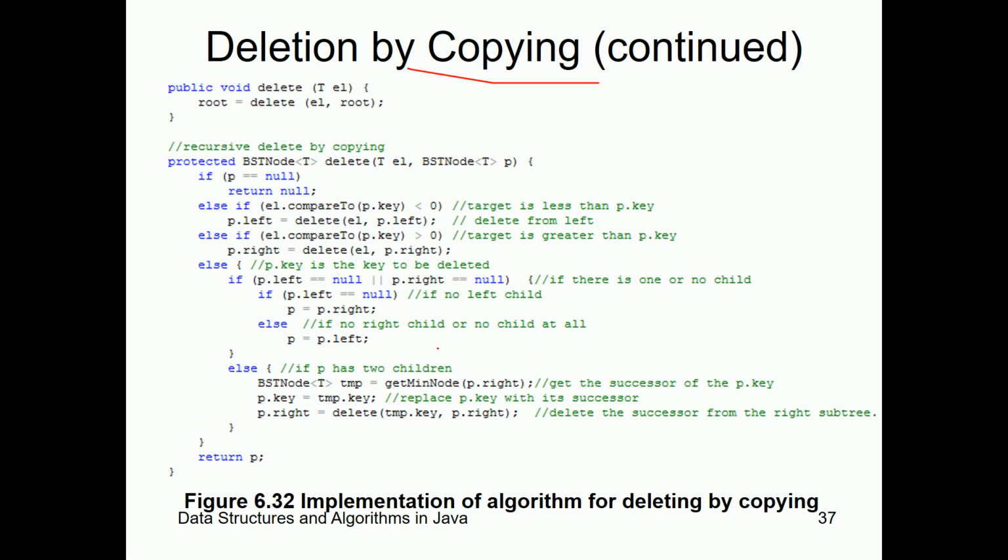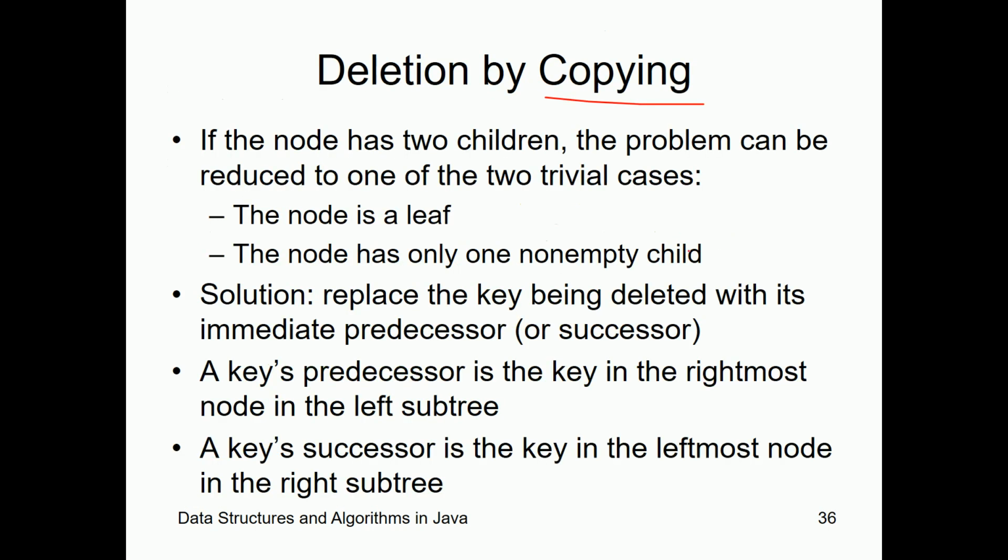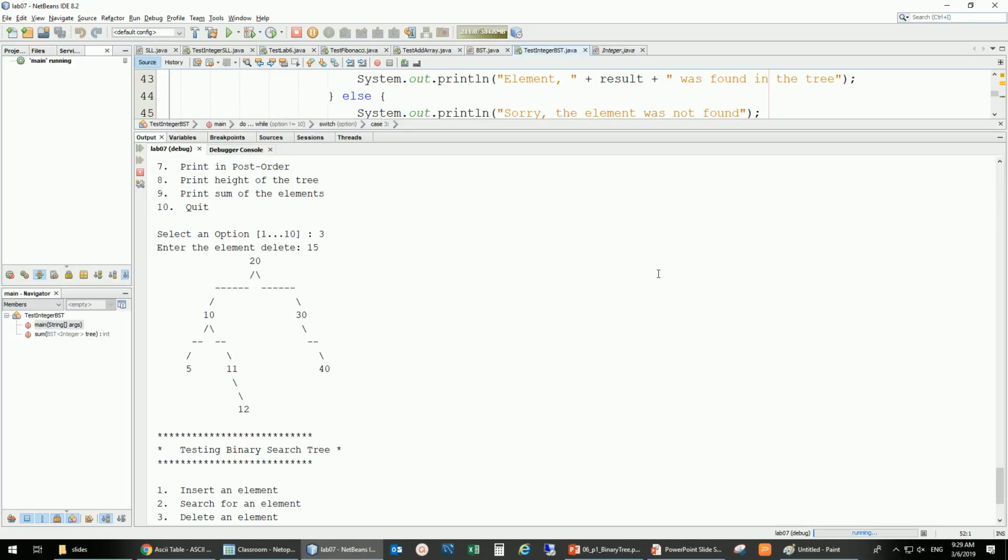This is the one that we're doing. I'm sorry? We delete them by what? We did it by copying, because we just copied this and put it here. That's what we did basically, and then deleted this one.